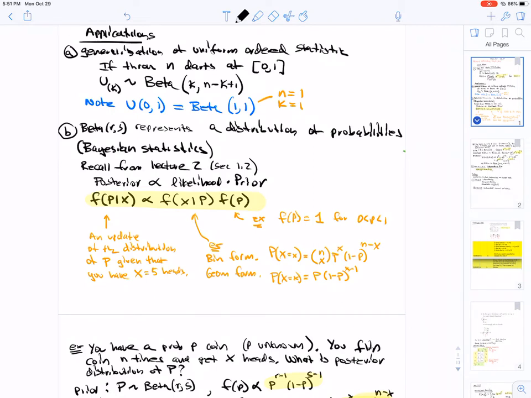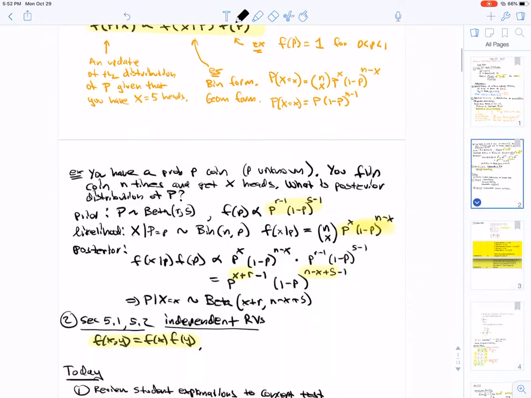Commonly your prior will just be the uniform distribution, which has density 1. Your likelihood could be, for example, the binomial formula, the geometric formula, or the negative binomial formula. All of those would then lead to a posterior which is a beta distribution.